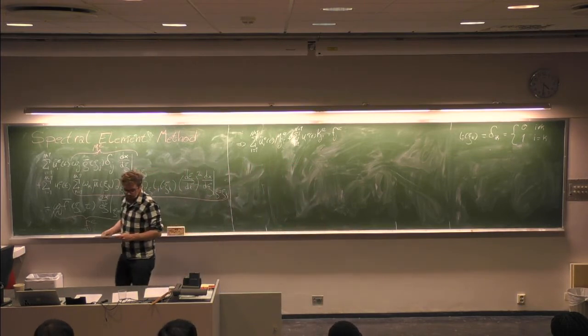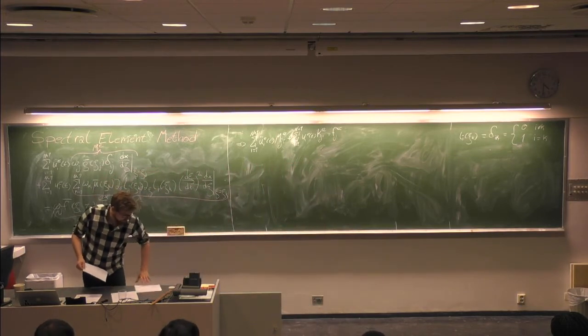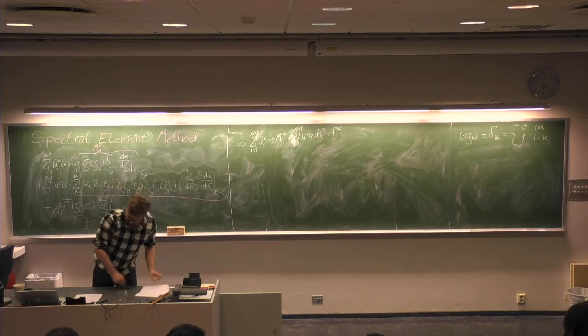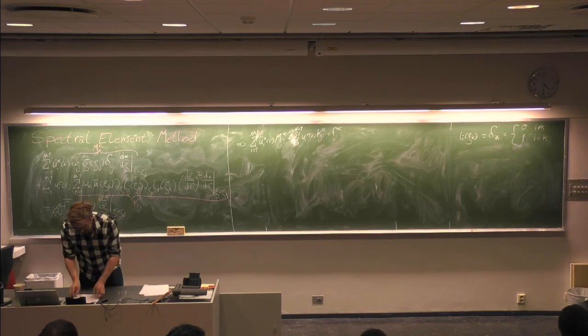And then again, it is kind of like cheating because we have masked a lot of complexity within the matrices, especially this K matrix.